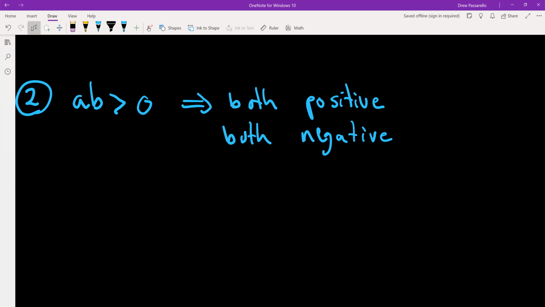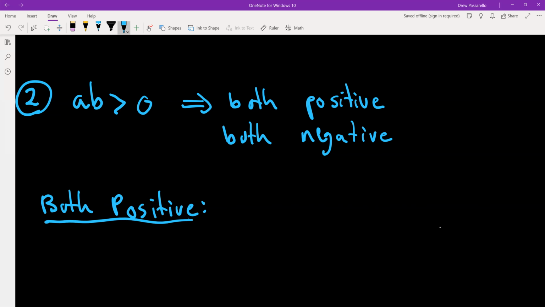So I'll do the option in which both are positive. So A is greater than 0 and B is greater than 0.